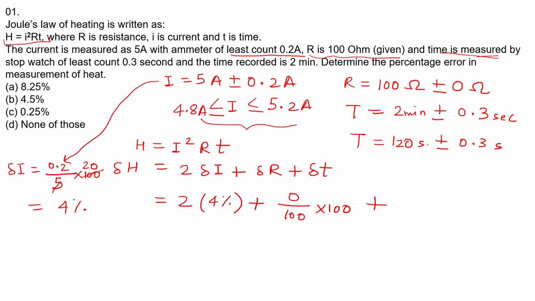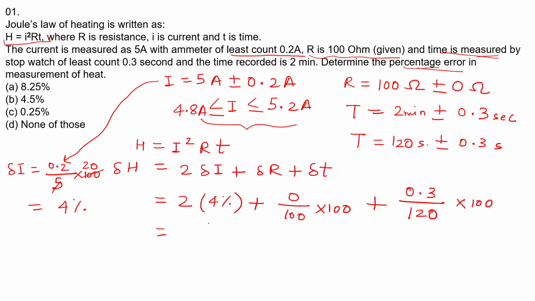Next thing is the percentage error in time period. So here again the error is 0.3 second and the actual value is 120 second. Then we'll multiply by 100 to change it into percentage error.